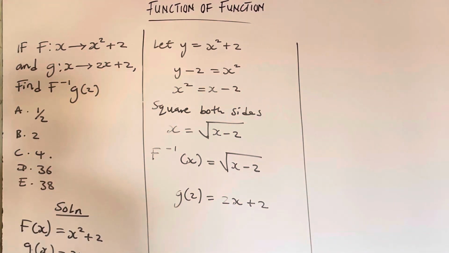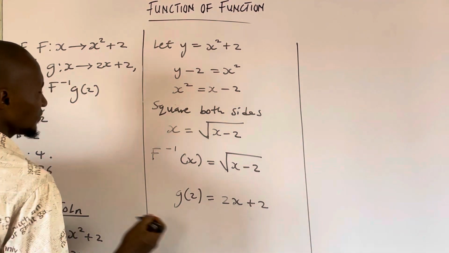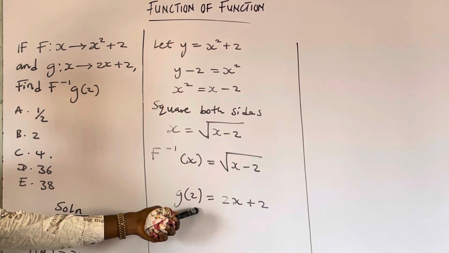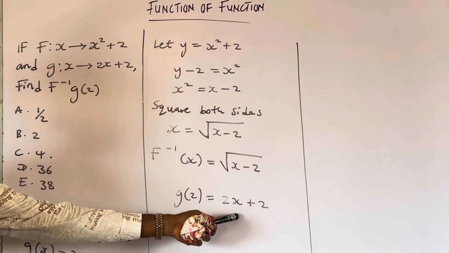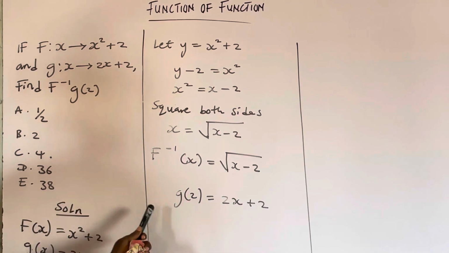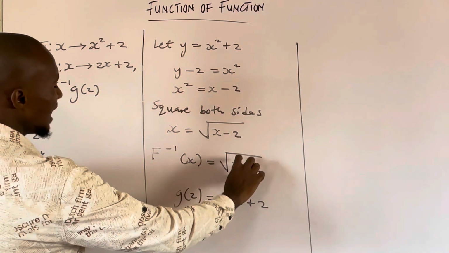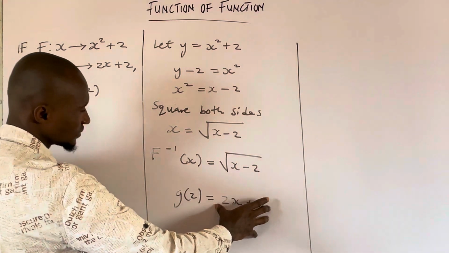Did you get that? Now, I think we need to first of all find f inverse g of x, or we can still go directly, anywhere we see x, we're going to substitute with this.